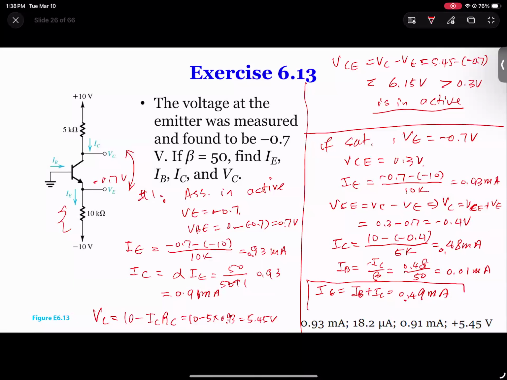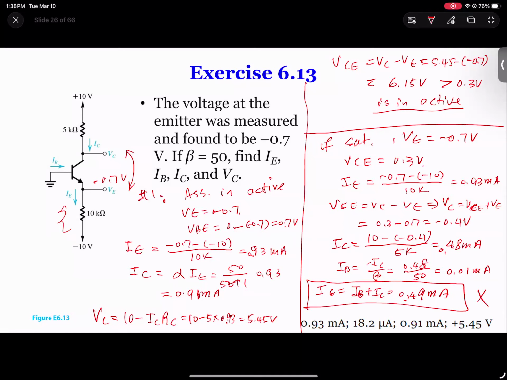So this I want to highlight because early on we found from here IE, which is impossible. So which means this got to be wrong. This got to be wrong.